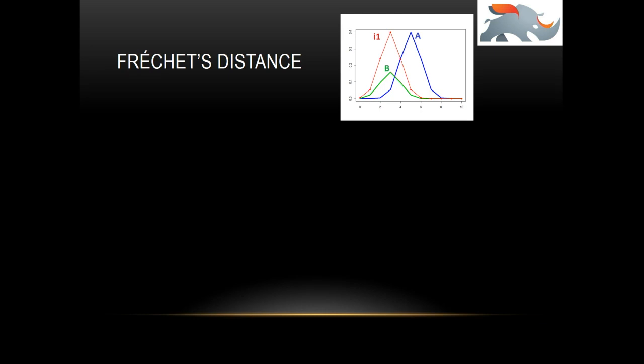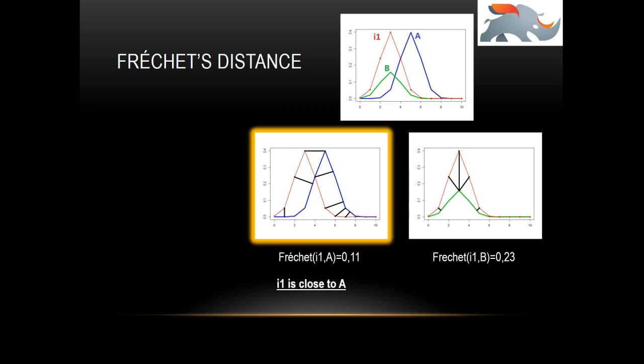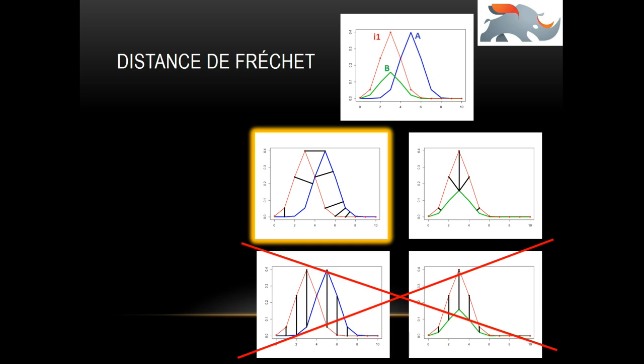If you use Fréchet distance, I1 will be found to be close to the curve A and will be far from the curve B. And so, using Fréchet distance, I1 will be put in the same cluster as A. So we found a distance that respects the shape of the data.